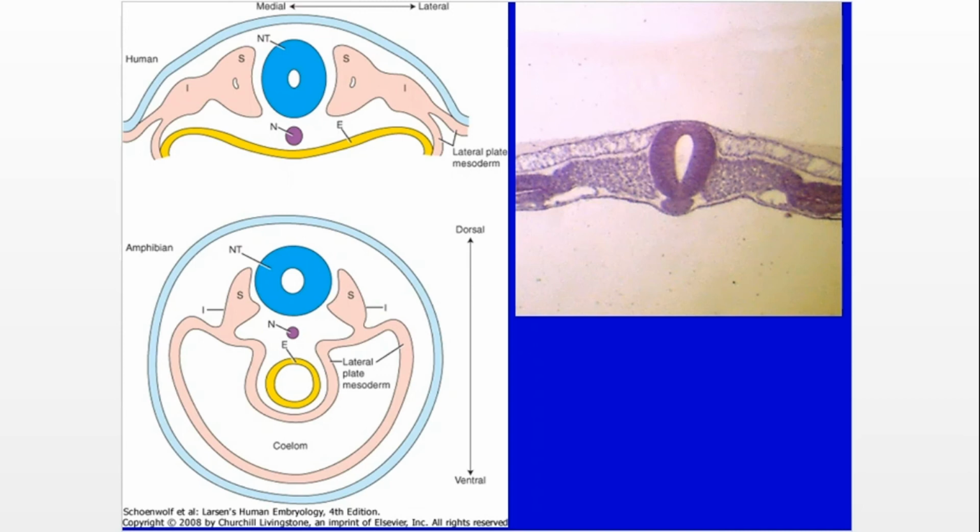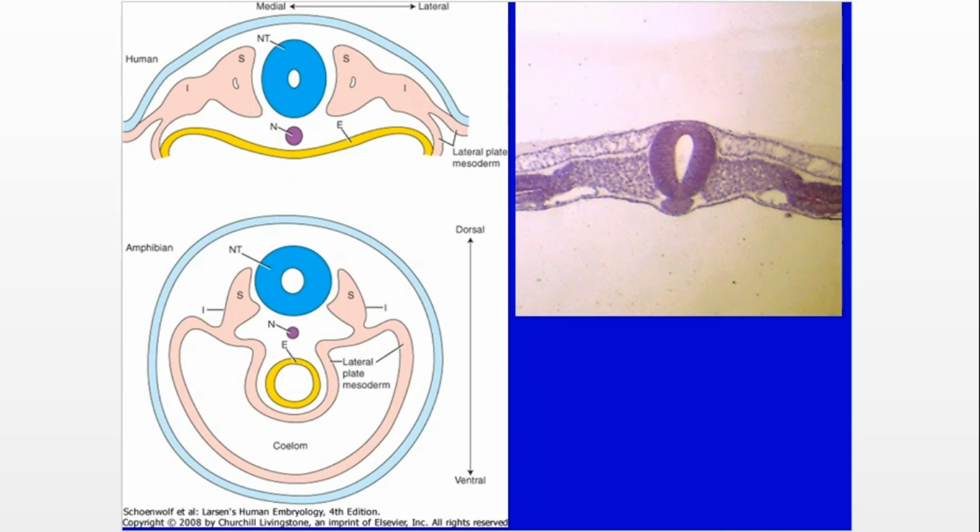And the part of cells which do not give formation of the neural tube, but which are cells of the neuroectoderm, will give formation of aggregations from both sides of the neural tube, which are named neural crests.